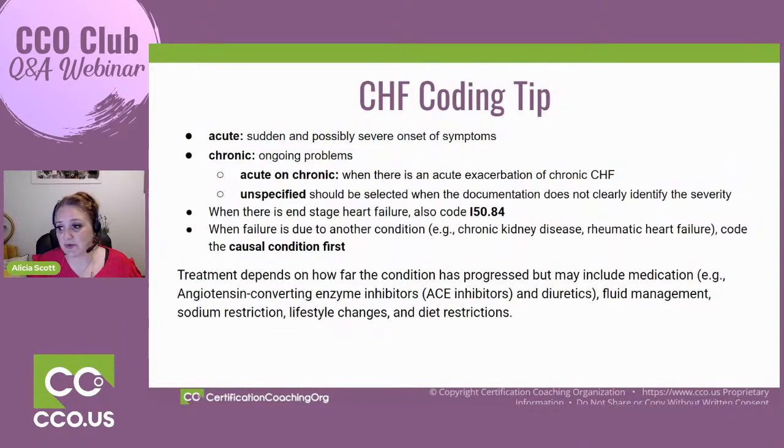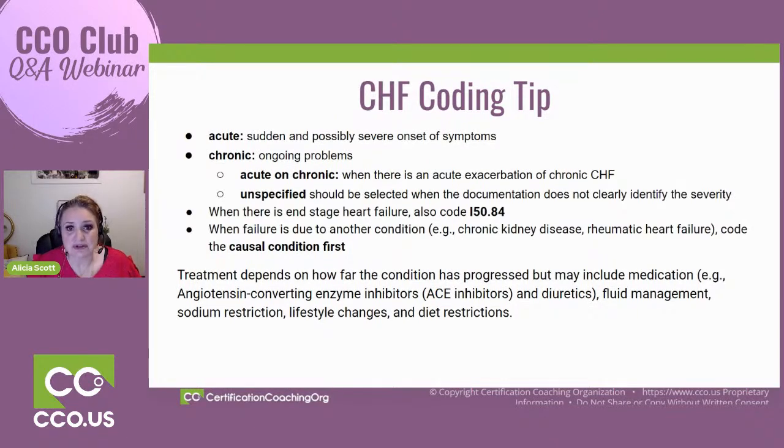More tips for the coding that you need to be aware of: acute and chronic, we know that's pretty basic. Acute is sudden onset, and chronic is just an ongoing problem. CHF is chronic heart failure, but can have an acute aspect.